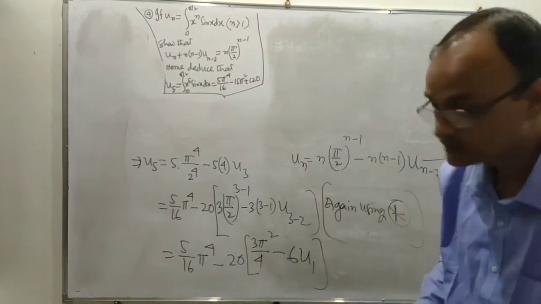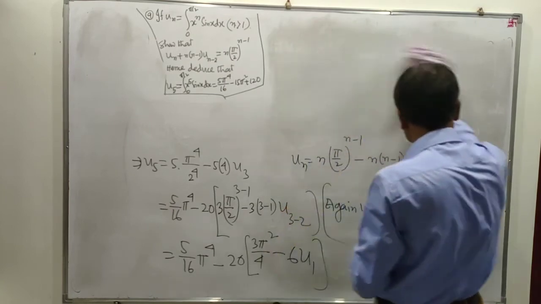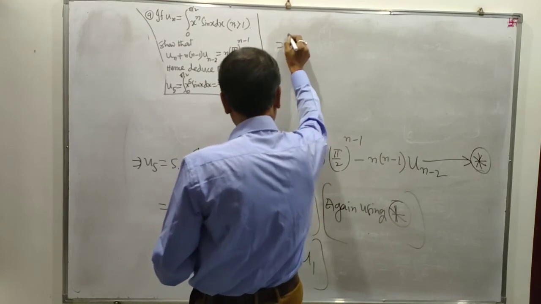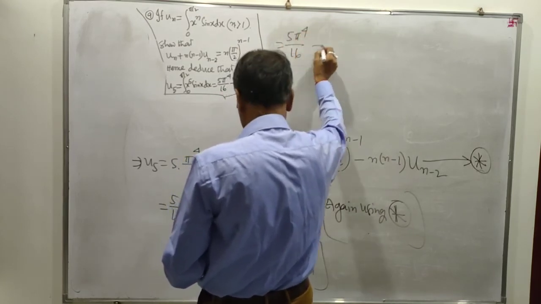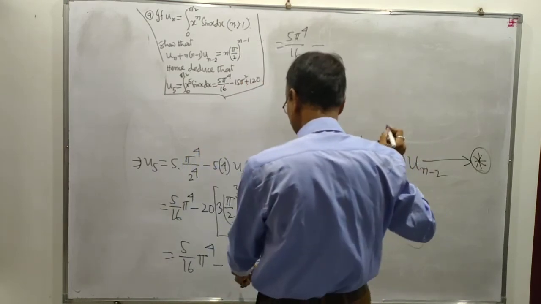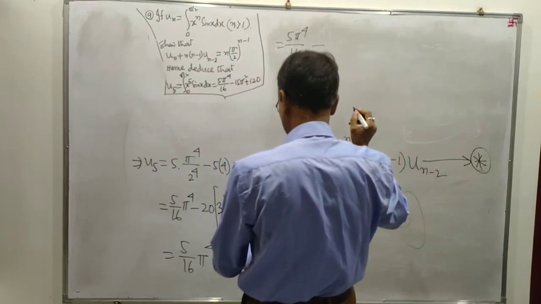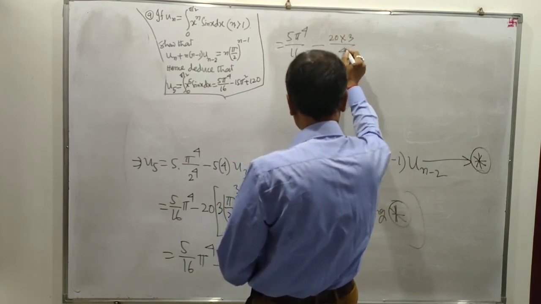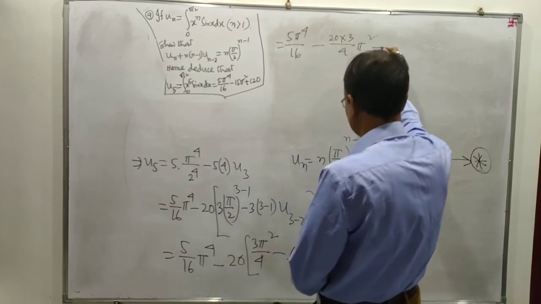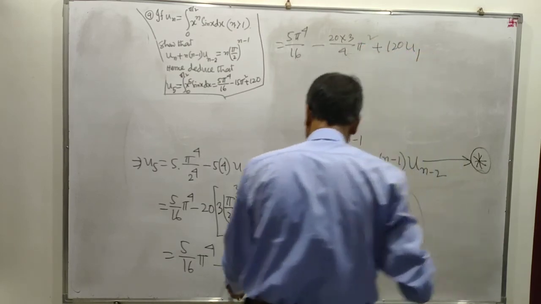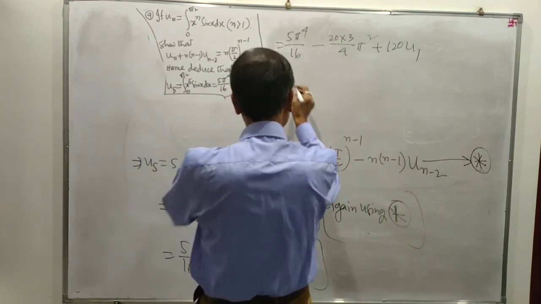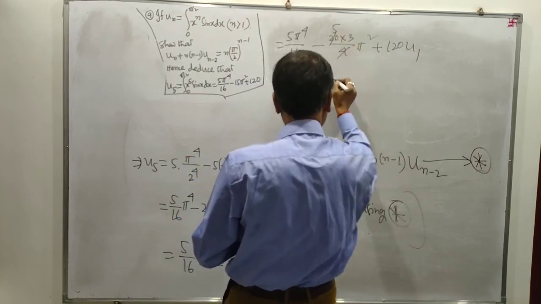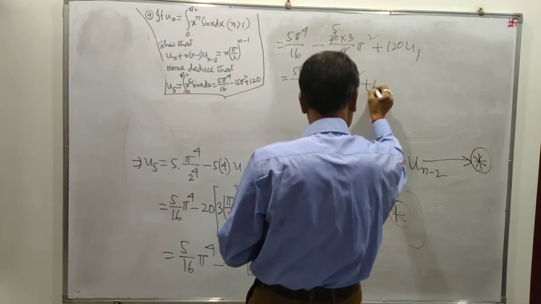This is equal to 5 pi to the power 4 by 16 minus 20 into 3 divided by 4 pi square plus 120 u1. 20 into 6 means 120. This is equal to 5 pi to the power 4 by 16 minus 15 pi square plus 120 u1.